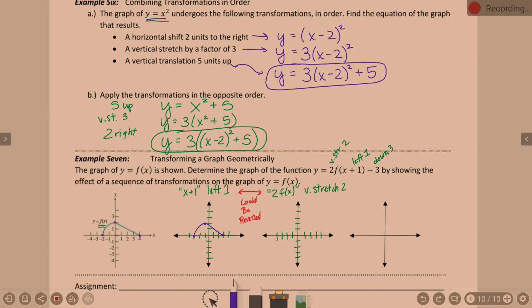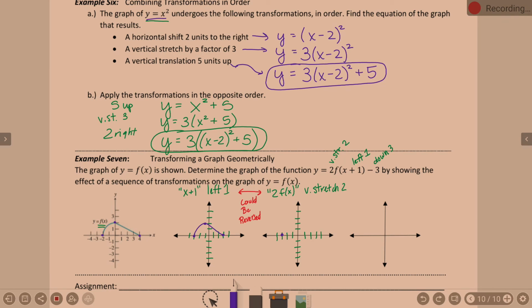So look at the points we just had. For instance, I was right here at -3, 0. What's the y value in -3, 0? 0. What is 0 times 2? 0. So this point is going to stay the same. When something's on the x-axis, it's not going to stretch up. It's the rest of the graph that stretches up.